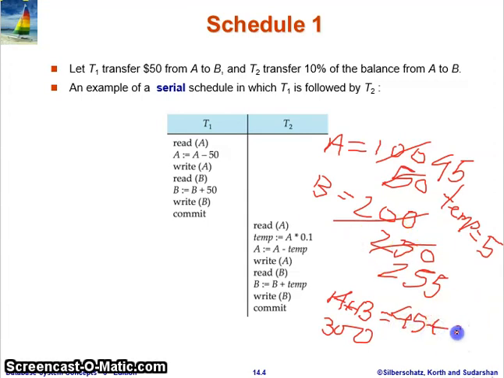B is 255. 45 plus 255 is also 300. Means it maintains the consistency of our database in schedule 1.